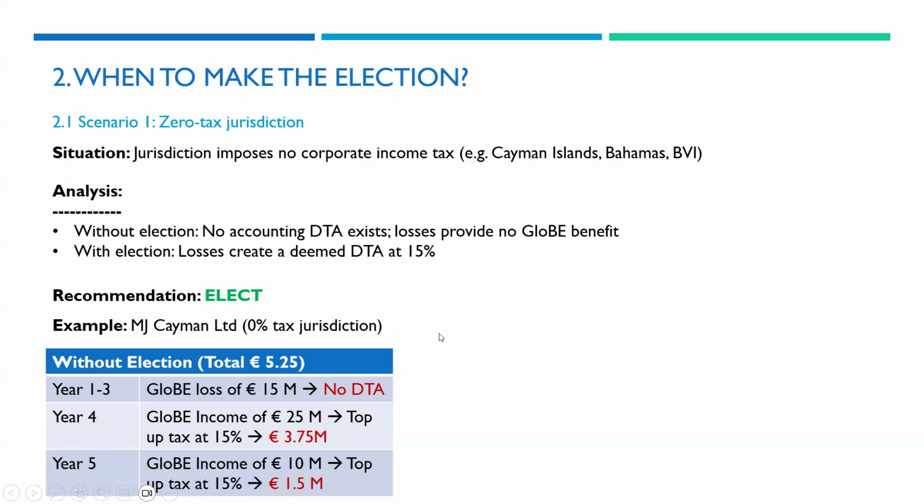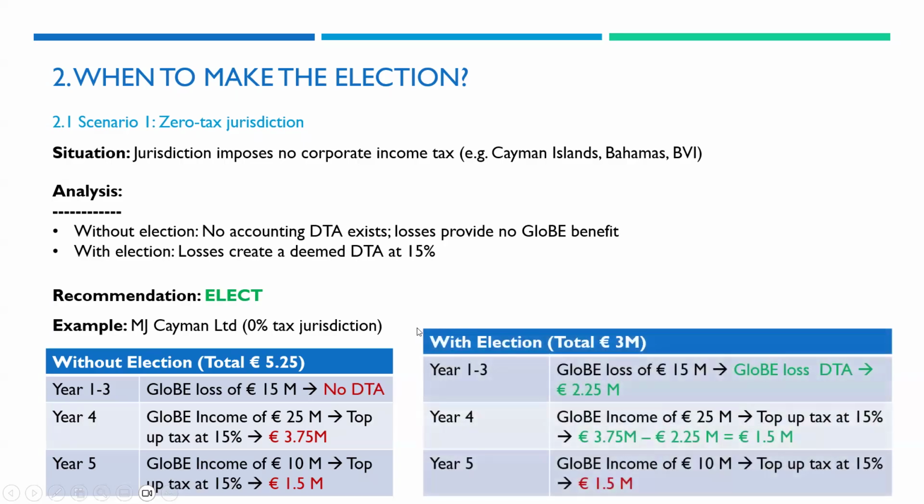Now, what happens if I take the election? In years 1 to 3, I have no DTA, but I will recognize a 15% deemed DTA. So on the 15 million GloBE loss, I will now get a deemed DTA of 2.25 million, which is nothing but 15 million into 15%. Clear?